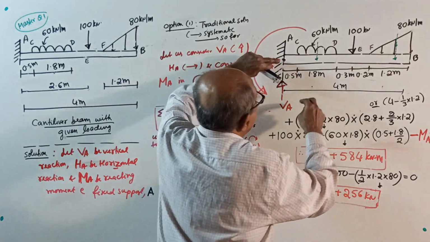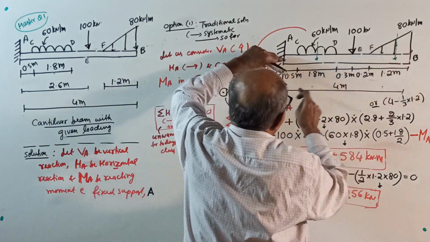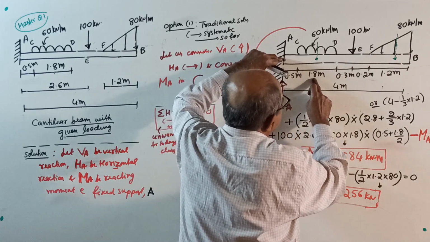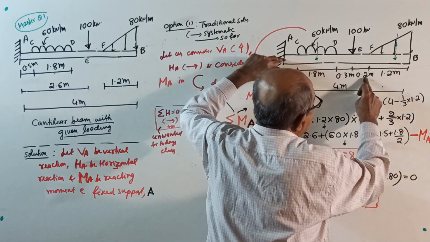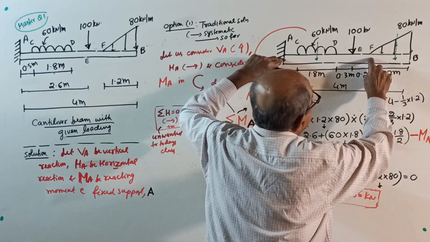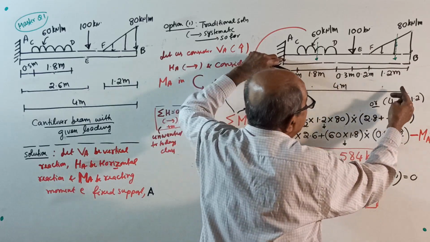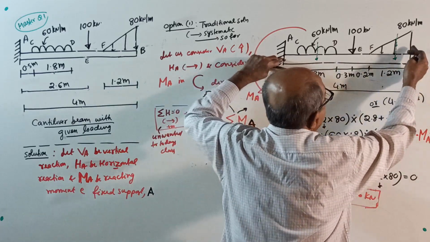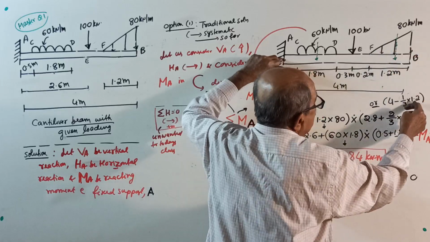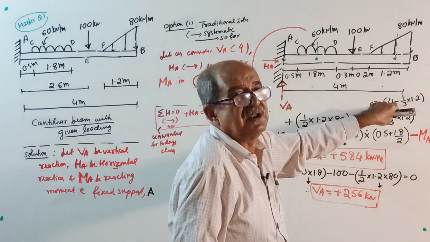Either you write 0.5 plus 1.8 plus 0.3 plus 0.2, that is 2.8, plus 2/3 of 1.2, or the total length is 4, and from 4 you subtract 1/3 of 1.2. Both give the same answer.